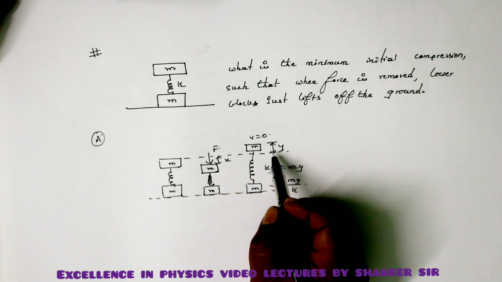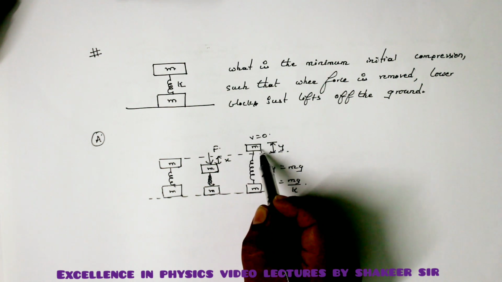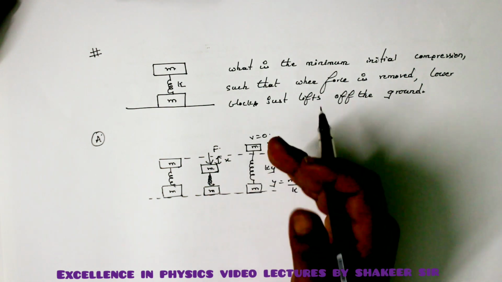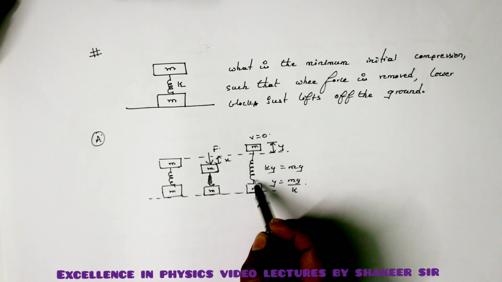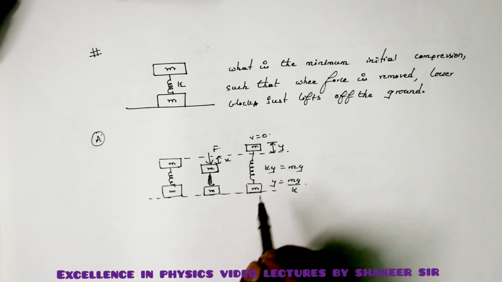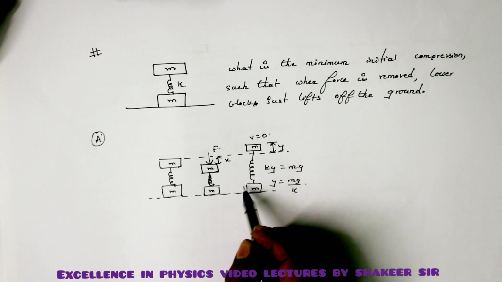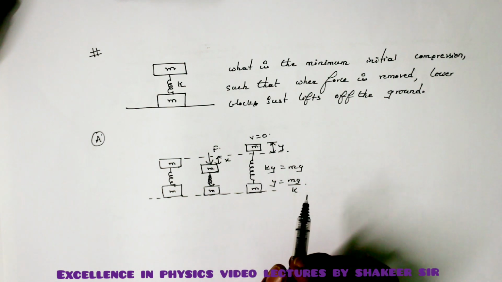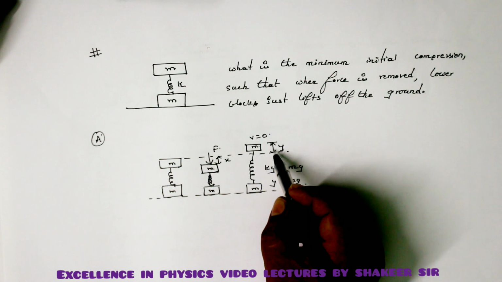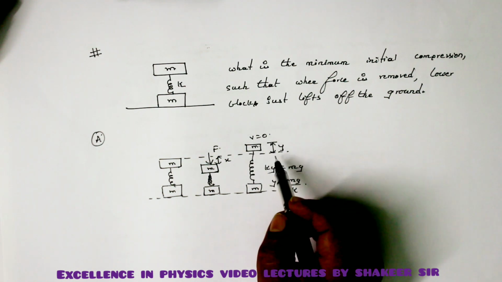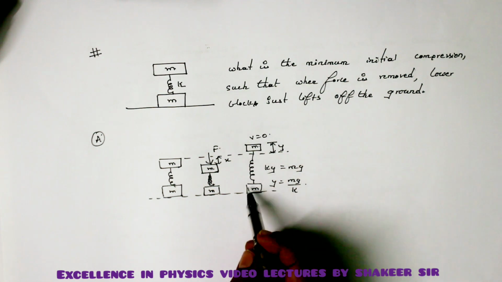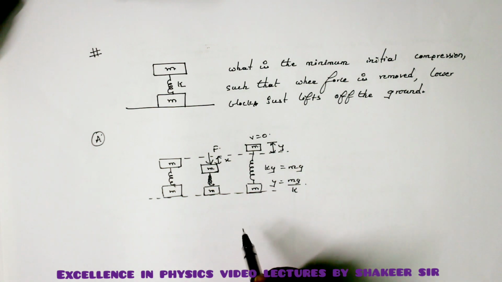After reaching y, if the velocity of this body has not become 0, it will go a further distance. Then the restoring force developed in the spring will be more than ky, and that will not be the minimum compression which is required. So after reaching a distance of y, the velocity of this mass should become 0, and only then will the compression required for lifting this body be minimum.